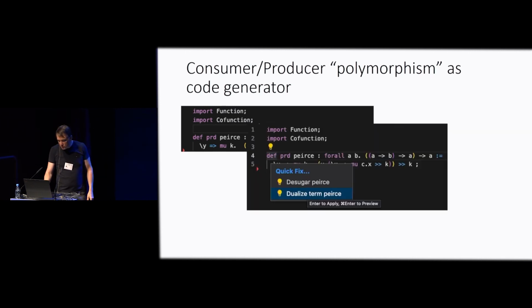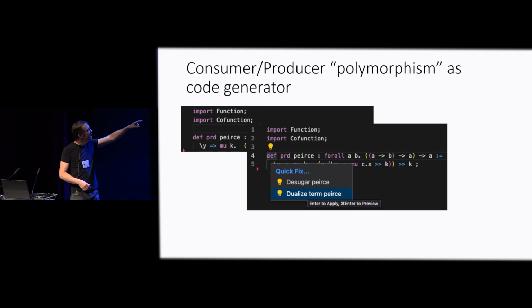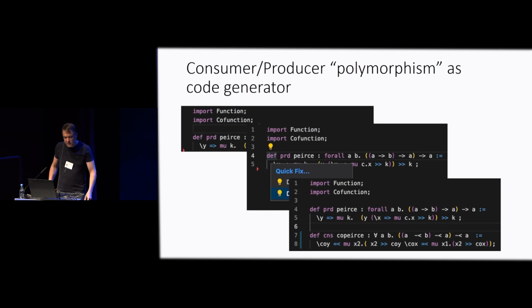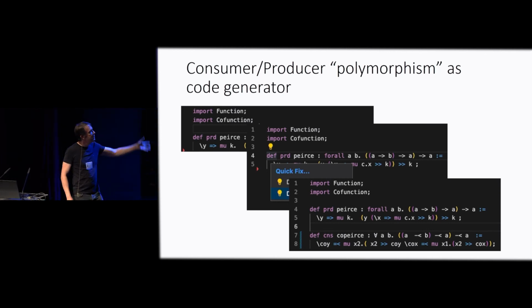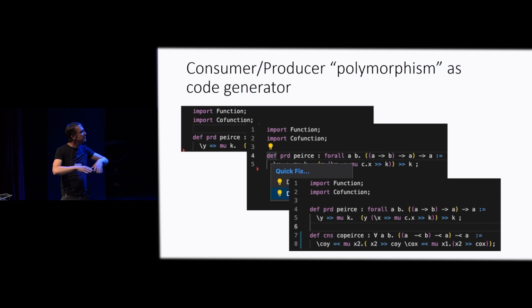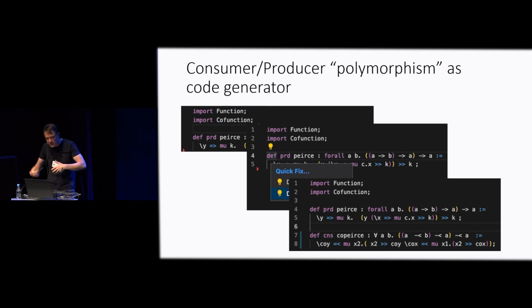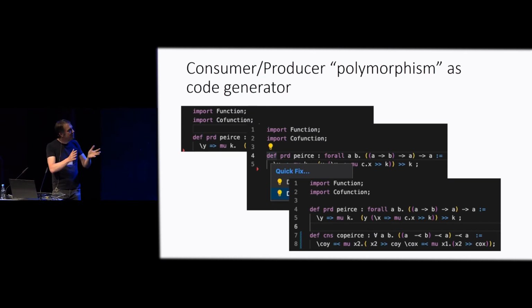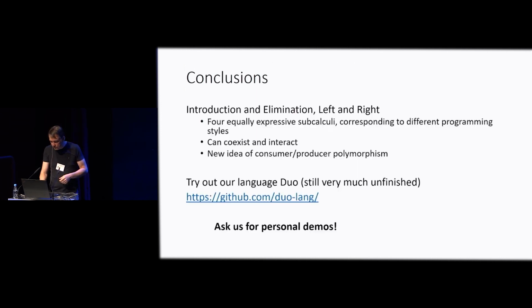What we can do in Duo is get a quick fix and say dualize this term, and it will automatically generate a co-call/cc or co-Pierce law, which is the exact dual of the program. That's a very ad hoc way of reusing the same program, but it's at least the first step towards that idea.